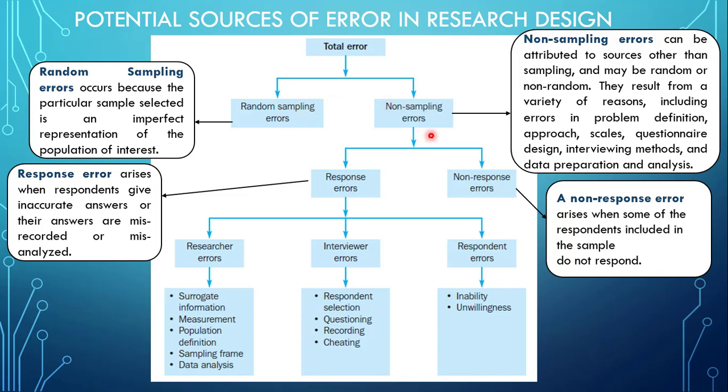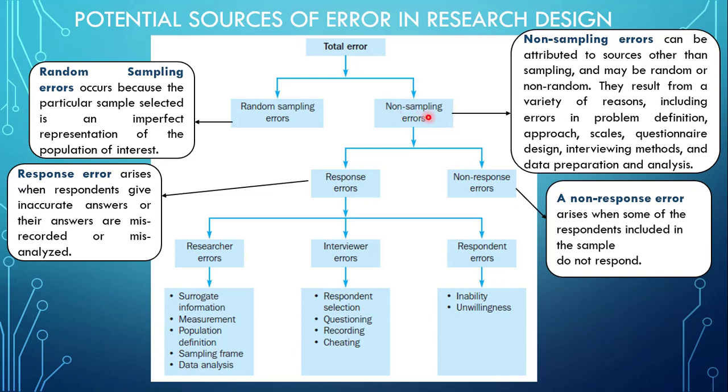Non-sampling error is any error that might occur other than in sampling. It might be because of the questions that you have formulated in collecting the data, or in the process of data collection and so on.